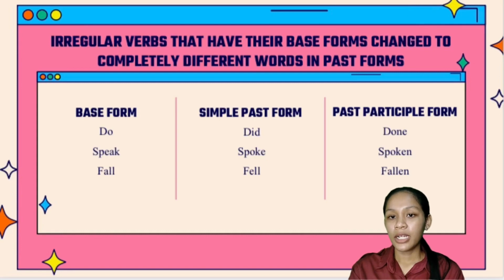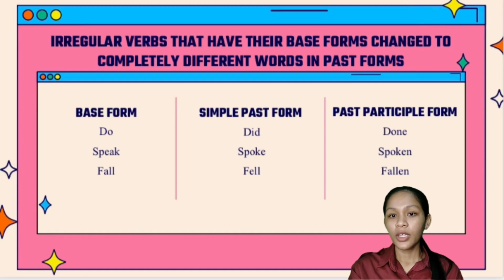The next one, the base form speak becomes spoke in simple past form and becomes spoken in past participle form. And the last one, the base form fall becomes fell in simple past form and becomes fallen in past participle form.